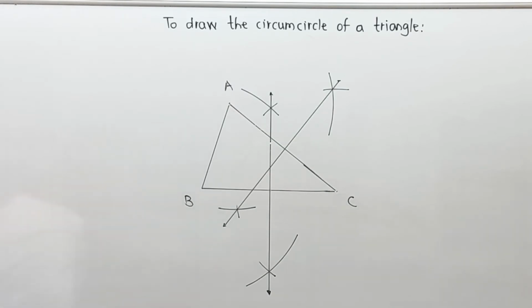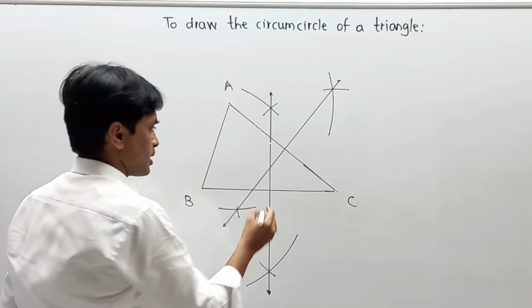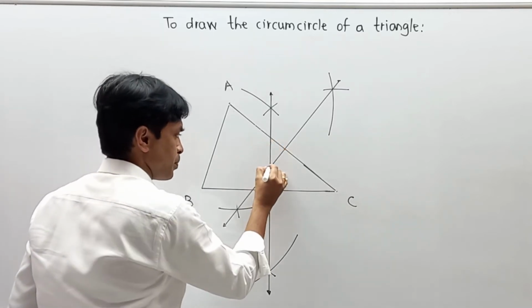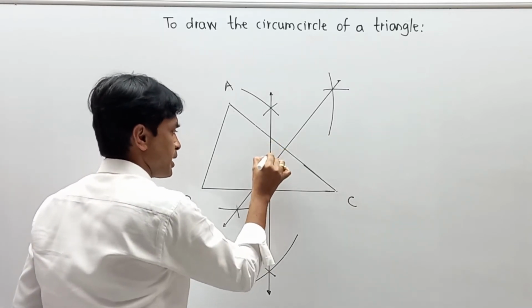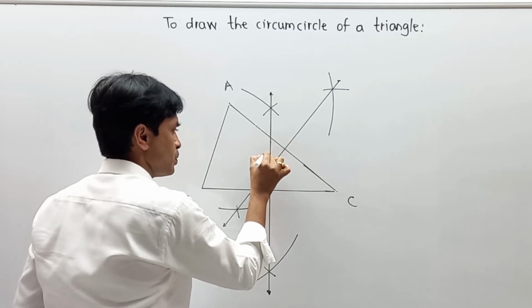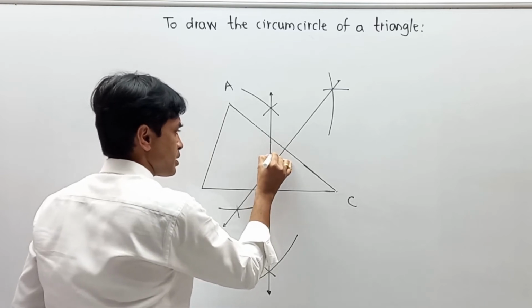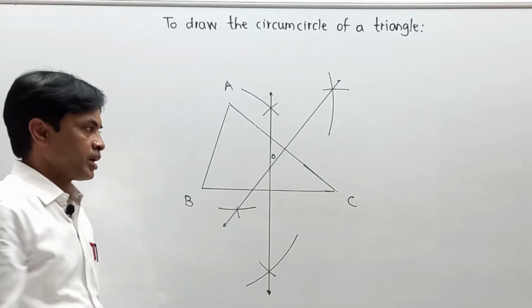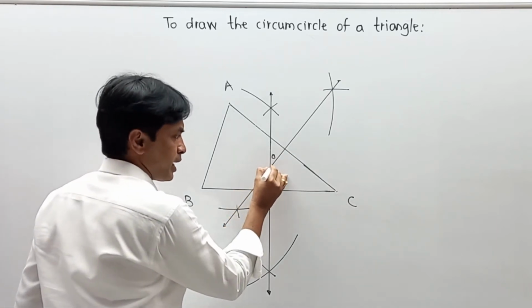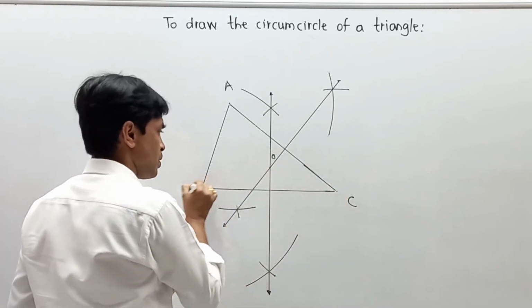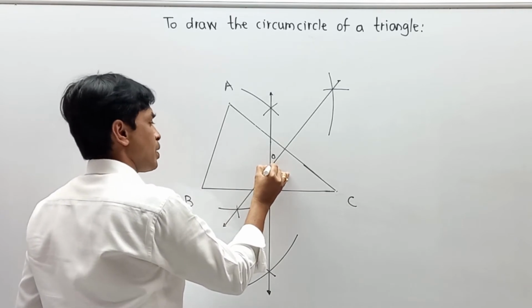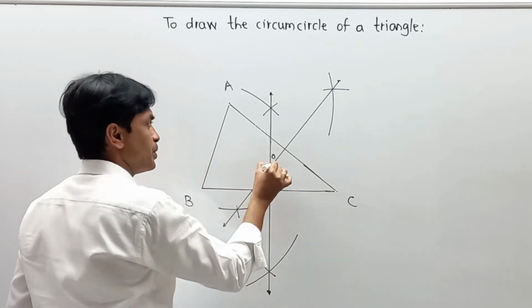Now in this case, as you are able to draw this, this is a point, and tentatively I am going to call it O here. Now you have to take this point, and the distance is either OC or OB or OA.